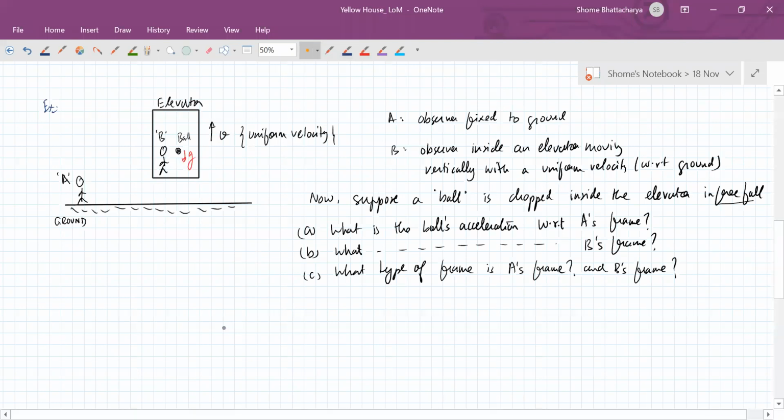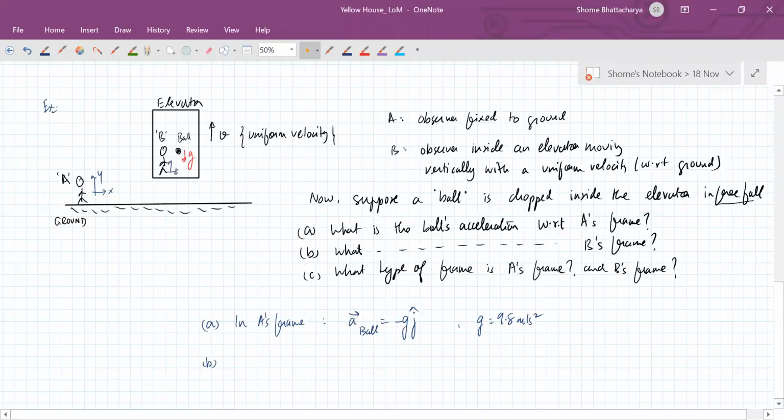So whether we are in A's frame, we take x and y axis like this, the acceleration of the ball will be equal to minus g j cap, where g might be 9.8 meters per second square. Or we are in B's frame.